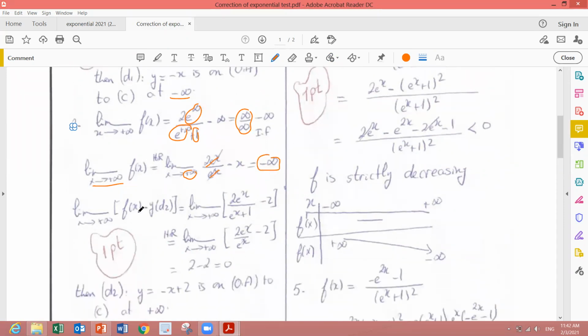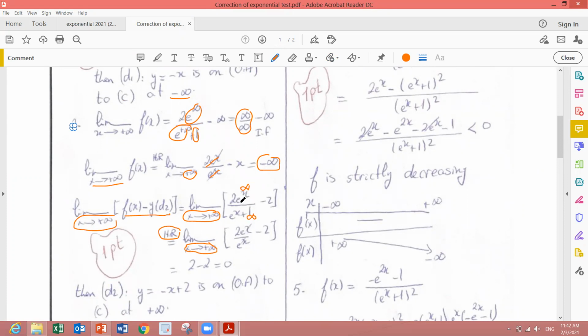Now to verify that the line D2 of equation y = -x + 2 is an oblique asymptote, we find the limit of f(x) minus y_D2. Then the limit as x tends to plus infinity of f(x) minus y_D2, this is f(x) minus y_D2. It gives infinity over infinity, so we apply L'Hopital's rule.